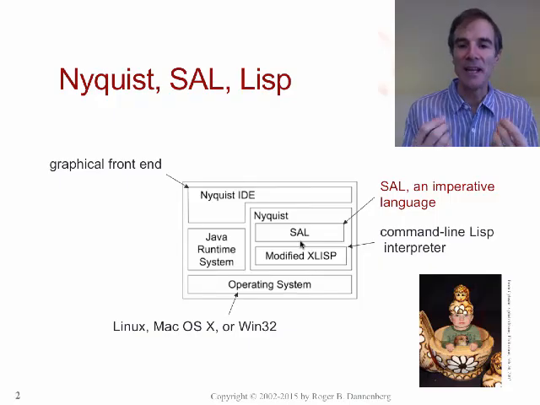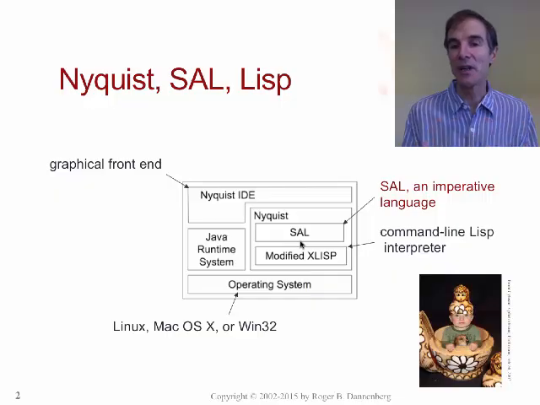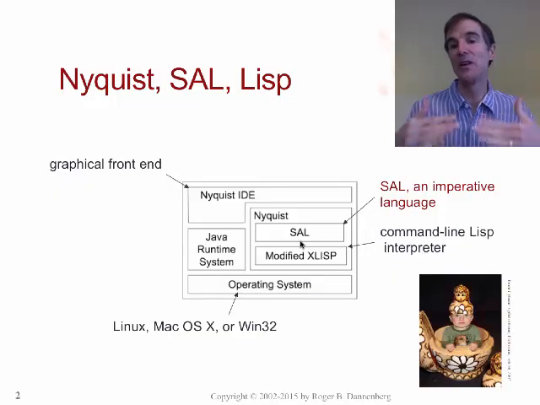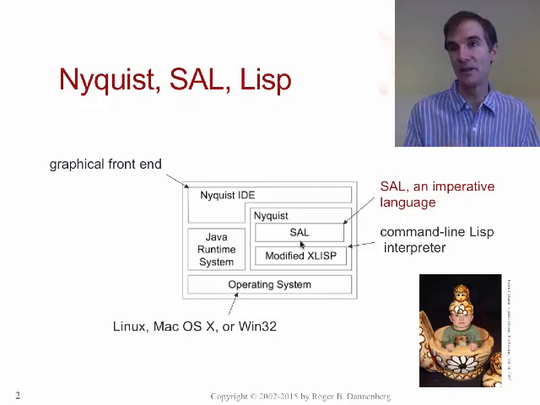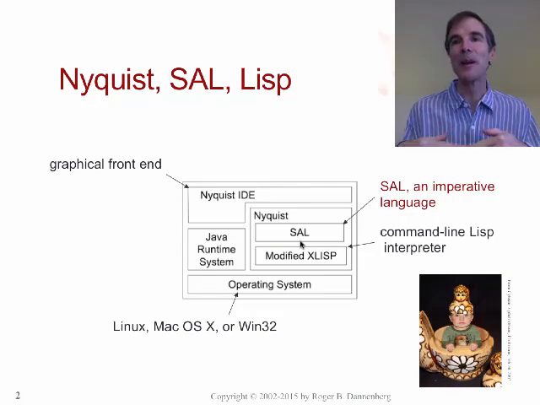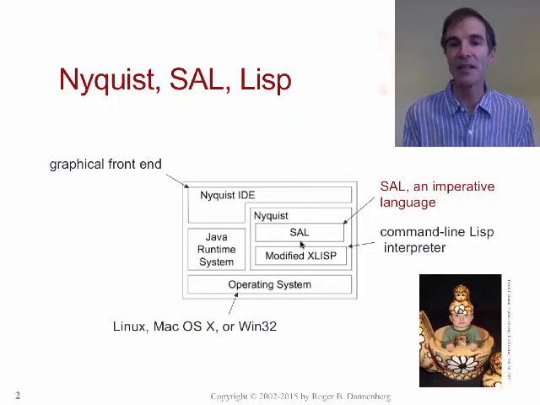This is a compact diagram that shows the operating system at the bottom on which everything is built. On top of that, basically we have the Nyquist language written in XLisp, which is another programming language, the SAL language, which is built on top of XLisp and actually written in XLisp.